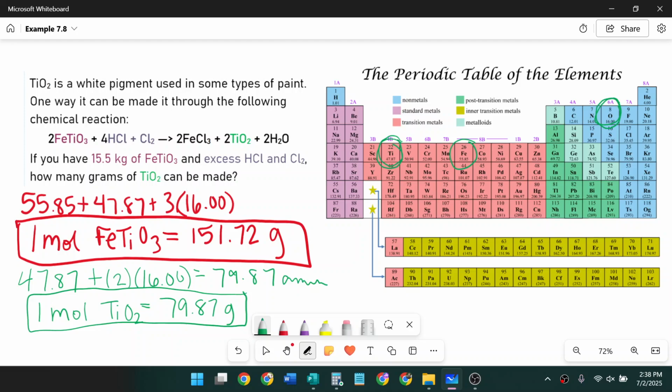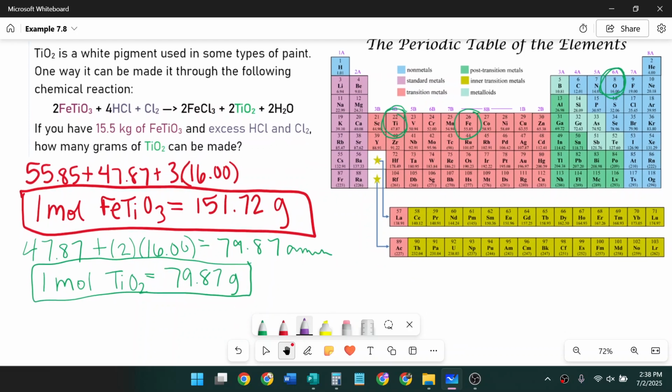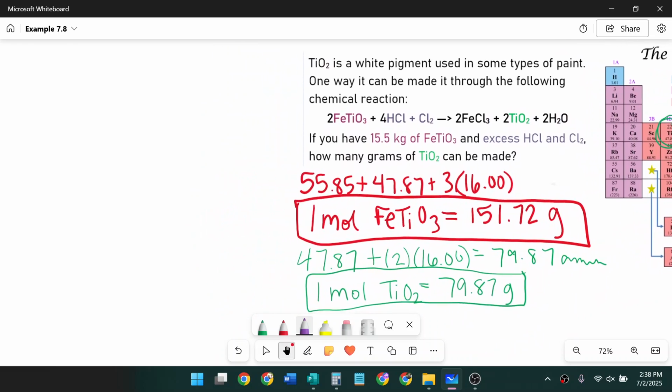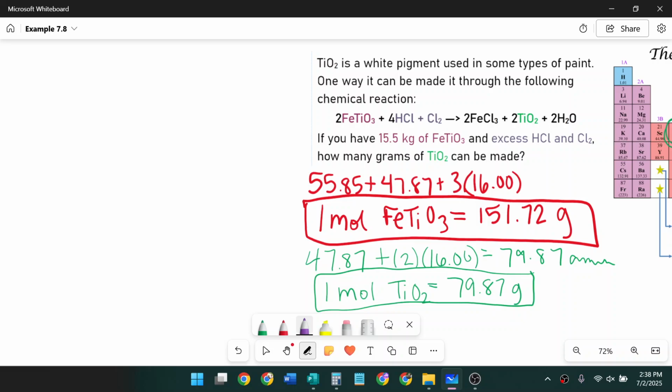The only other conversion relationship that might be helpful here is to recognize that in this problem, I'm going to scoot this over because we're kind of done with the periodic table and this will give me more room to write, that for every 2 of the FeTiO3, we have 2 of the TiO2.